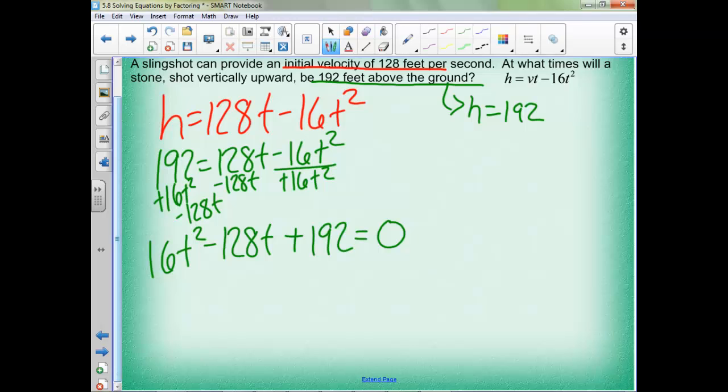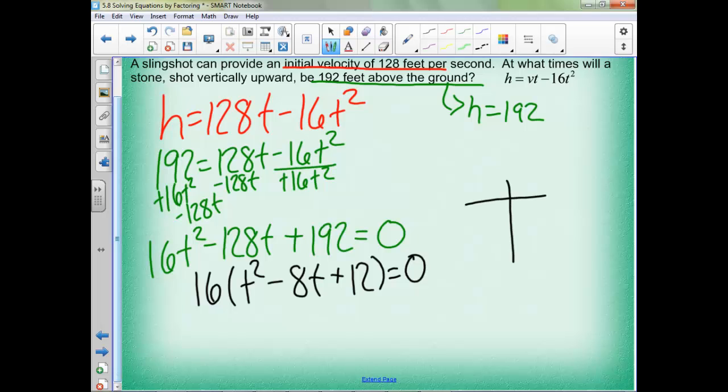We can factor out a 16. And now we need to find 2 numbers that multiply to 12 and add to negative 8.